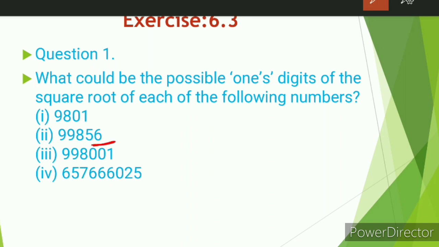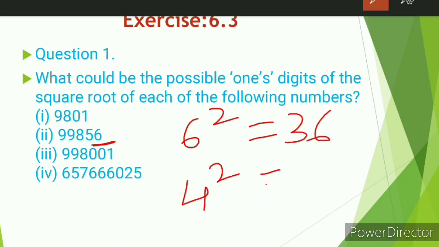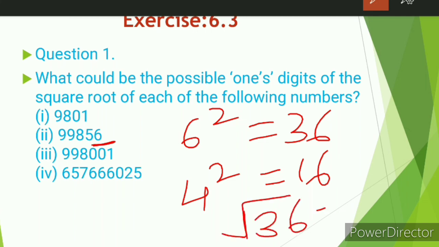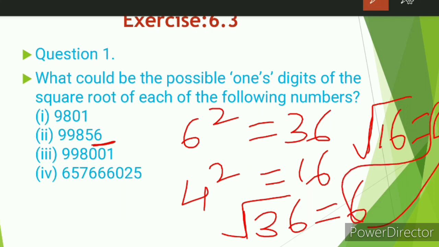The 6 is possible for the square of 6, that is 36, and the square of 4, that is 16, isn't it? So the square root of 36 equals 6, the square root of 16 equals 4. So here also there are two possibilities, 4 or 6.